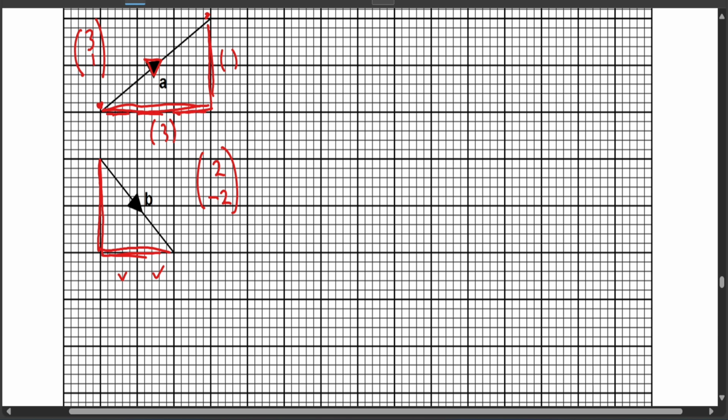So for our case, now we know what our column vector is. Now we draw it.